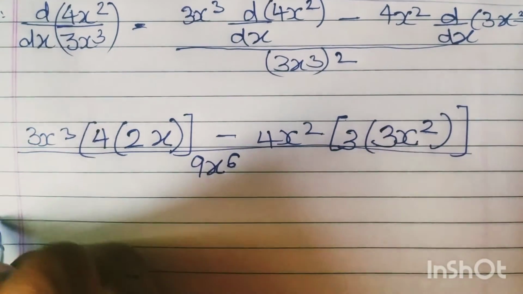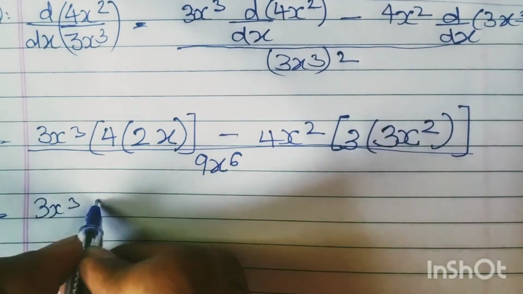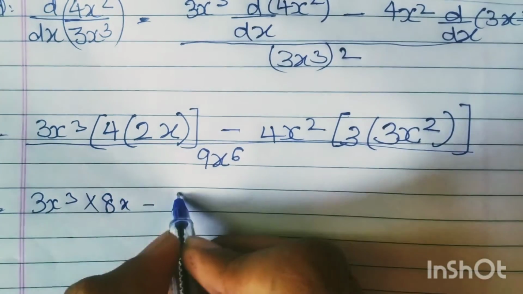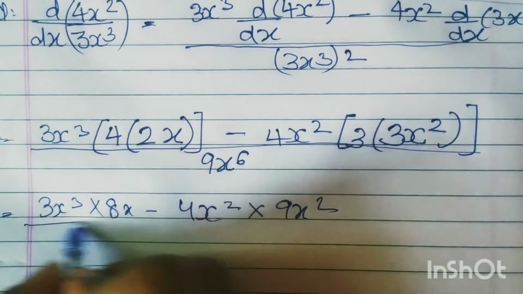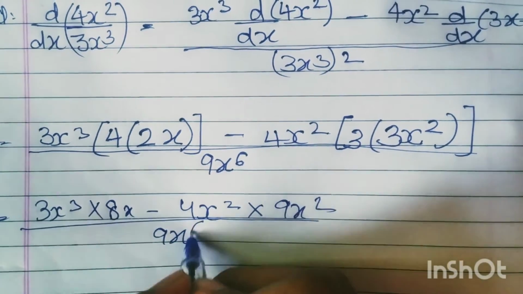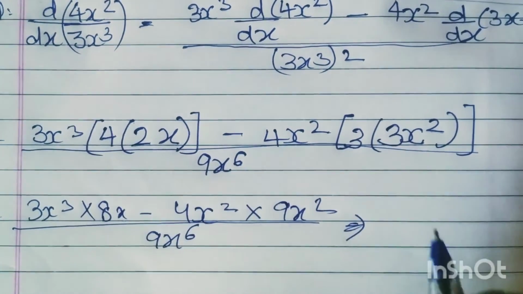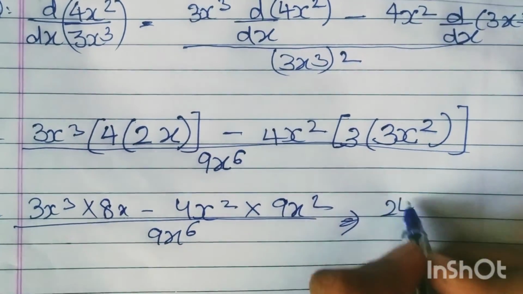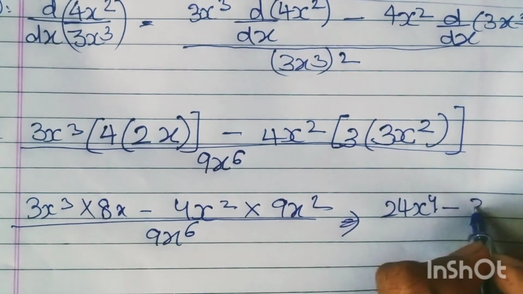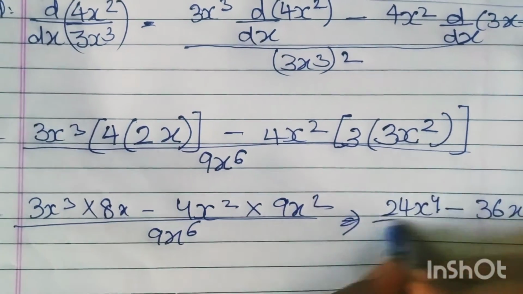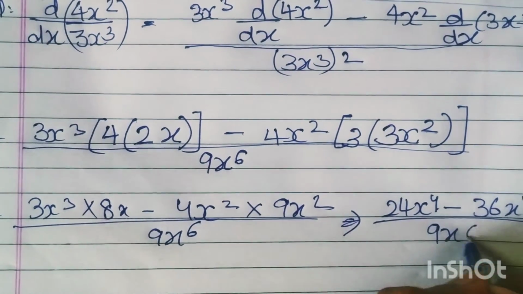Moving forward, we have 3x cube into 8x minus 4x square into 9x square upon 9x raised to the power of 6. Finally we get 8 into 3, 24 x^4, minus 4 nines are 36 x^4, upon 9x raised to the power of 6.